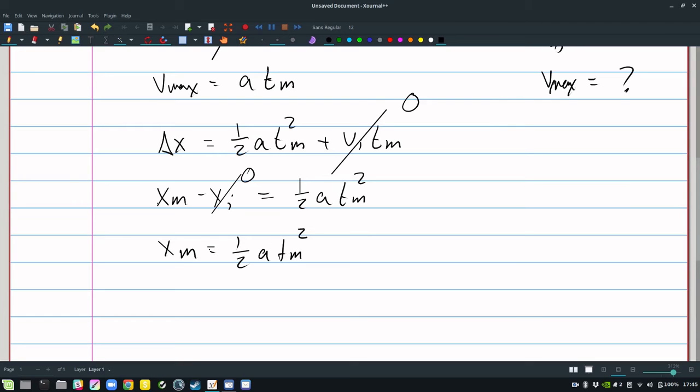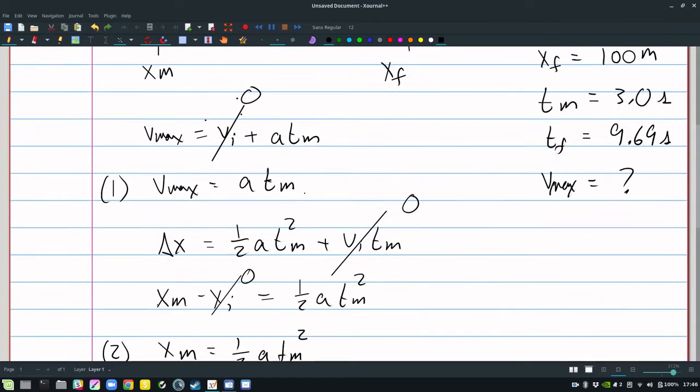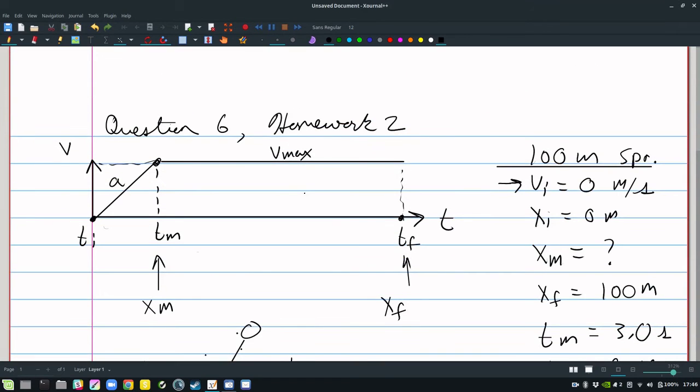Now, we don't know x middle either. We'd like to know a. We were hoping to get a. We know t middle. We know 1/2, and hopefully we could have calculated it. But we don't know the left-hand side of this equation. So let's keep our equations numbered, and maybe they'll be useful if we keep thinking about the rest of the race.